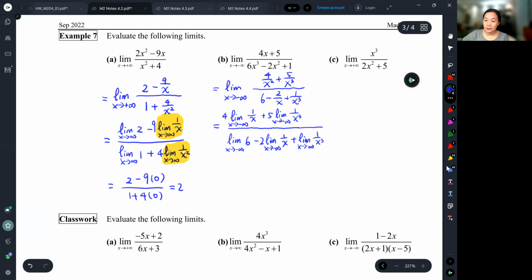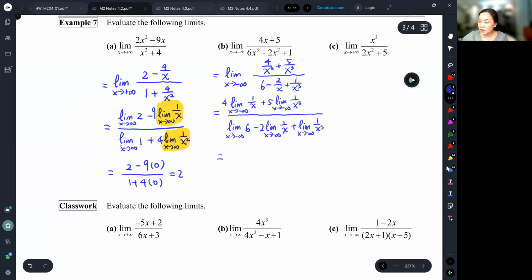Okay. Now, again, I hope you're comfortable with this. Now, although this is negative infinity, 1 over x still tends to 0.